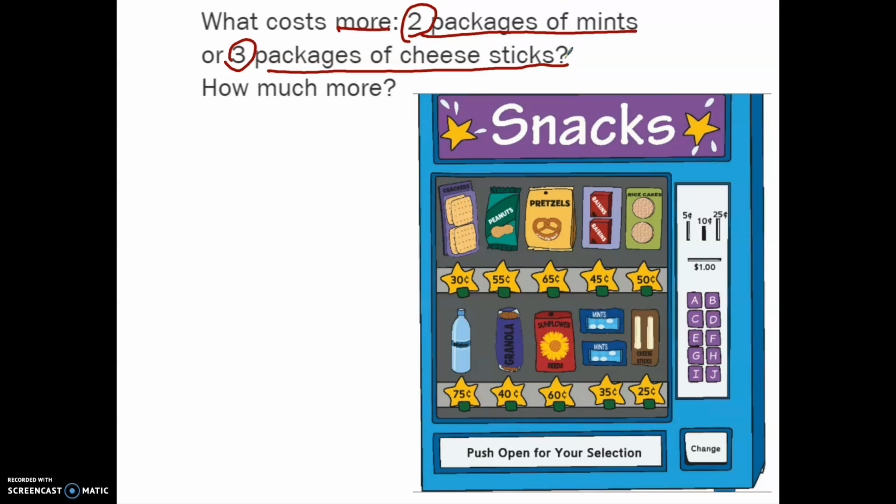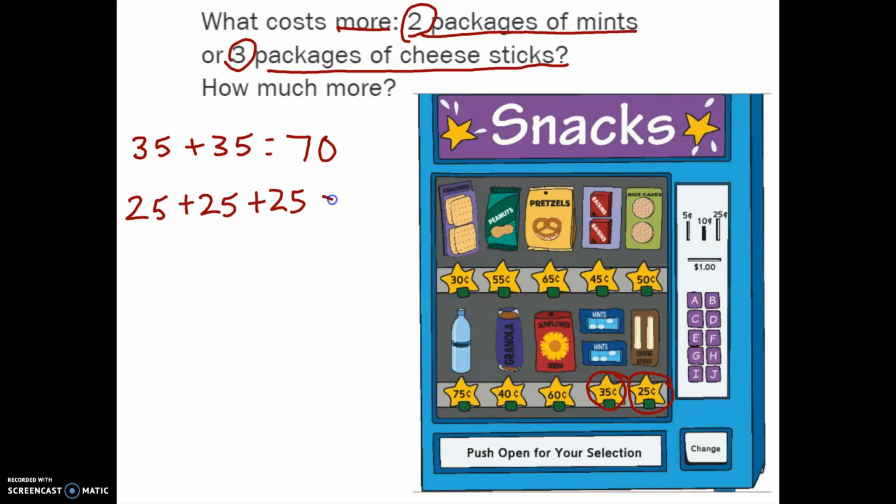So if I have 2 packages of mints, that's going to be 35 plus 35, and that equals 70. 3 packages of cheese sticks. That's going to be 25 plus 25 plus 25, and that equals 75.